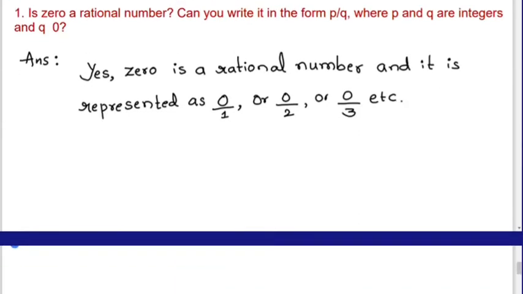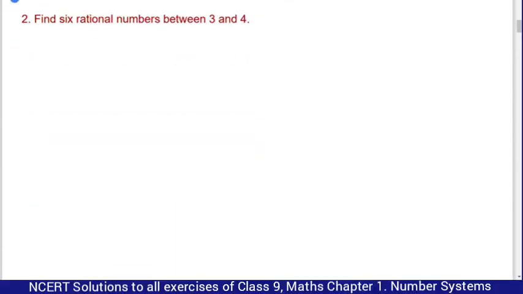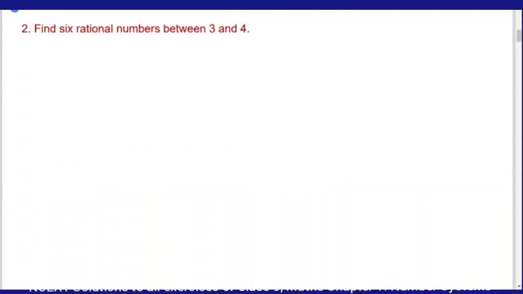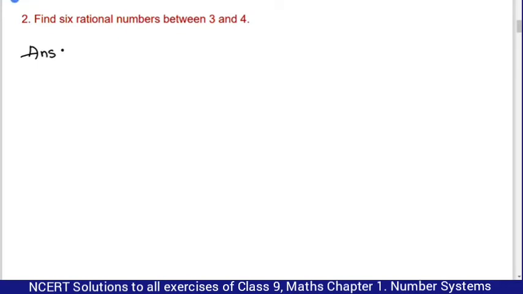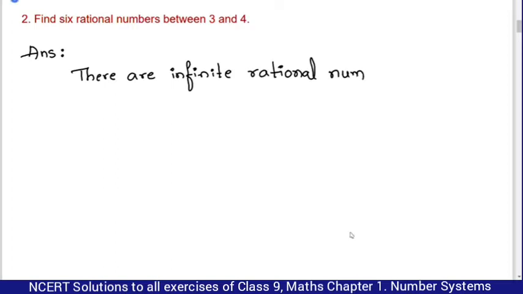Second question. Find 6 rational numbers between 3 and 4. Answer: there are infinite rational numbers in between 3 and 4.